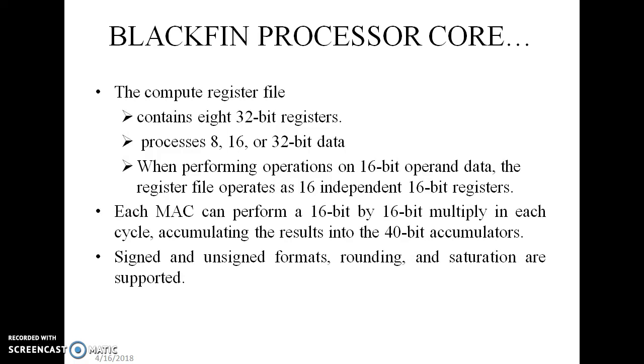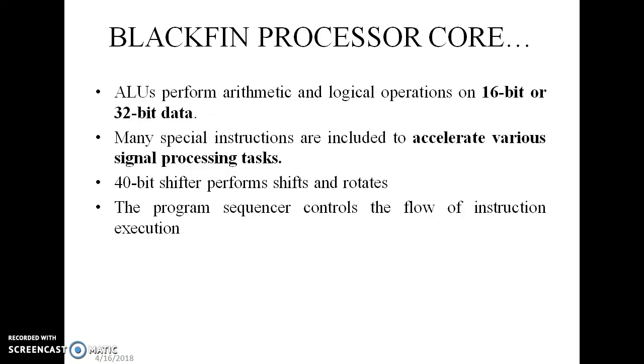The major significance of the Blackfin processor is the multiply accumulate unit. A 16-bit by 16-bit multiply operation is done, and the result is stored in a 40-bit accumulator. That is a major advantage of the Blackfin processor, and it supports signed and unsigned formats, rounding and saturation.